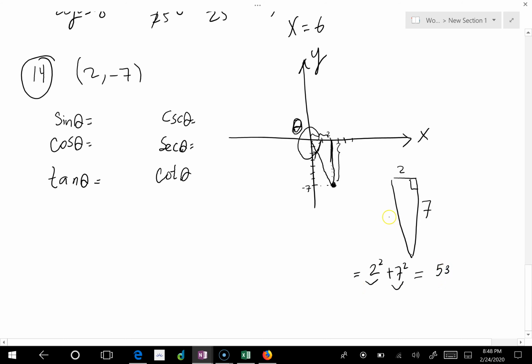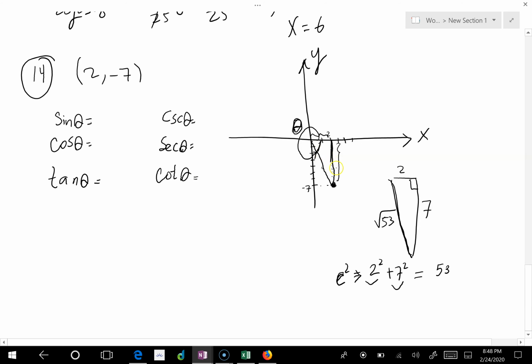So that's going to be the side of the Pythagorean, but squared. So if you think of c squared, then c is equal to square root of 53. So if that measure is now square root of 53, you can just easily identify sine.